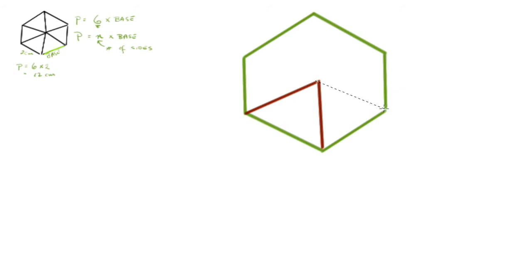So I said that this hexagon could be divided into 6 triangles, because there are 6 sides. That should be intuitive, but as you can see, there's 1, 2, 3, 4, 5, 6 triangles, which matches the same number of sides.